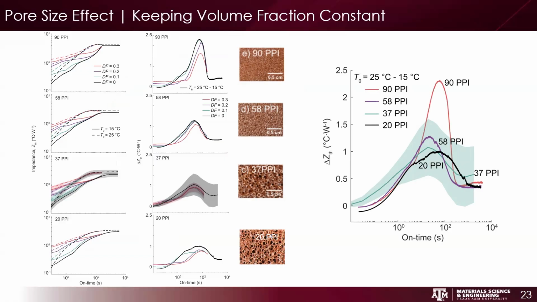So if the bounds for the 37 PPI are representative of the others, do you actually have a statistical significance between 20, 37, 58? I didn't run a statistical test, but I just eyeballed it. I mean, it's close. It would only be over a short on time for sure.